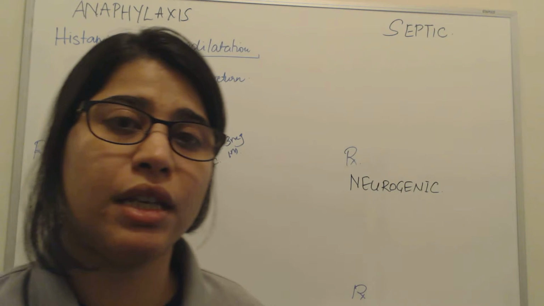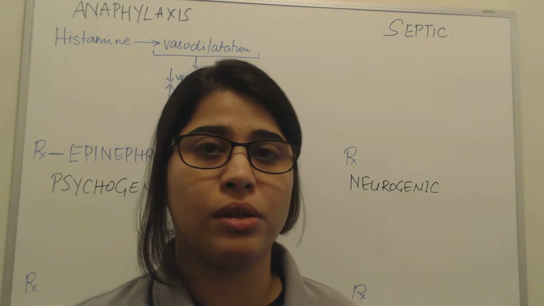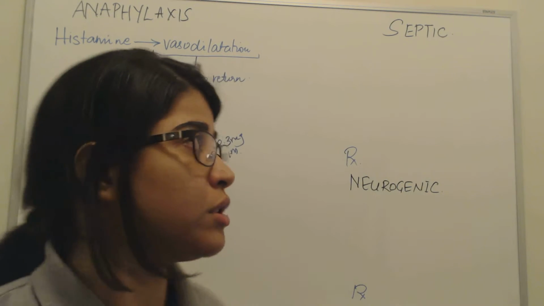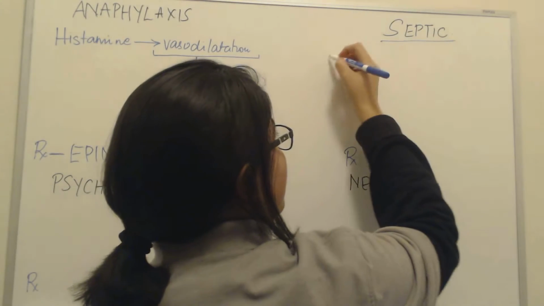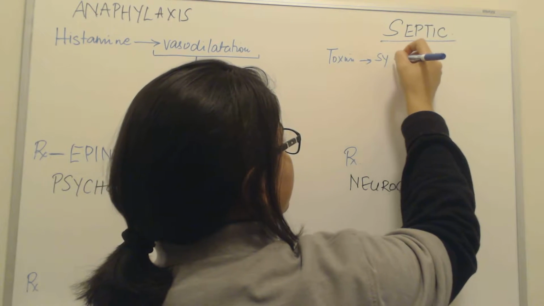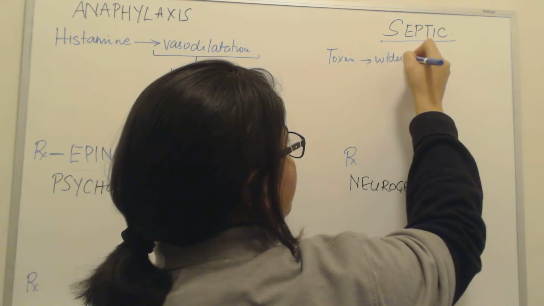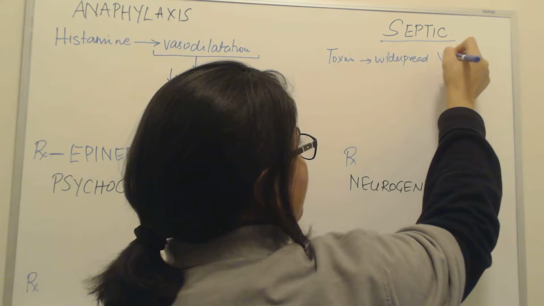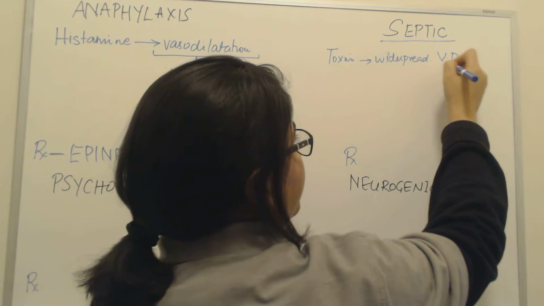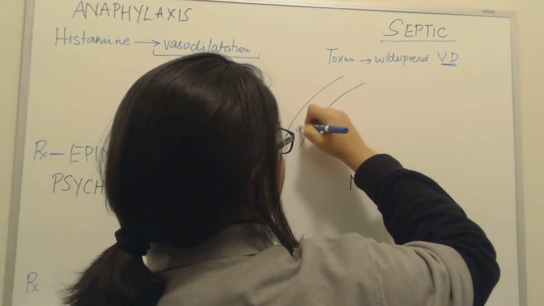Now let's talk about septic shock. Septic shock is seen in bacterial infections. Bacteria, more than viruses or anything, have certain bad toxins. These toxins can again cause systemic, or let's say widespread, vasodilatation. Okay, so if these are the vessels, they start to dilate.